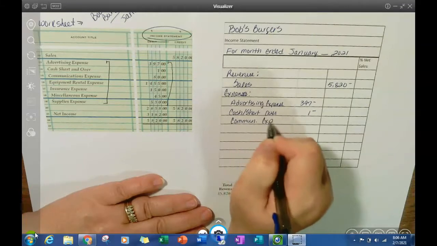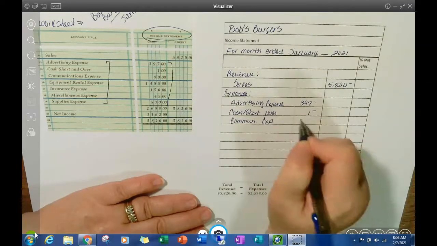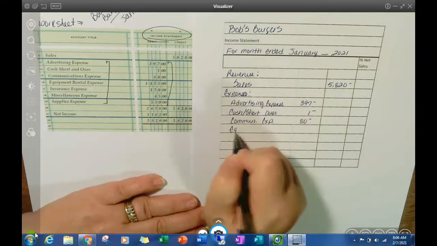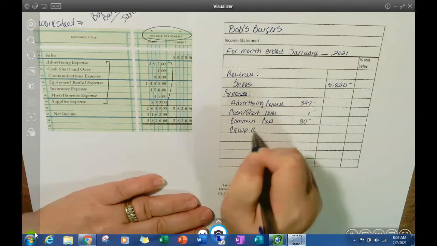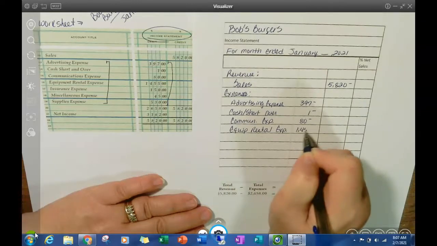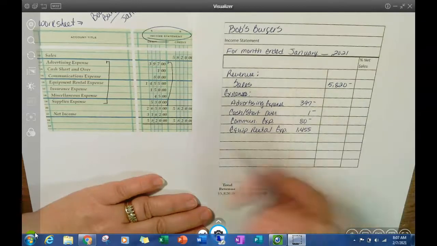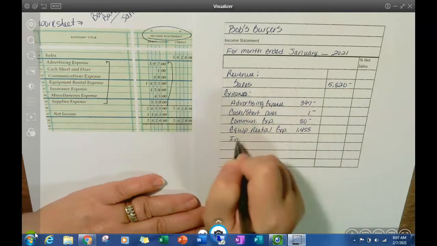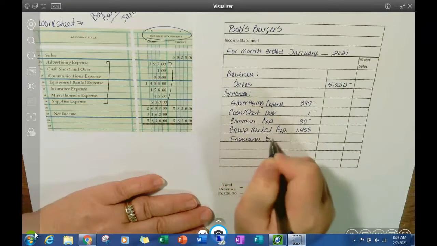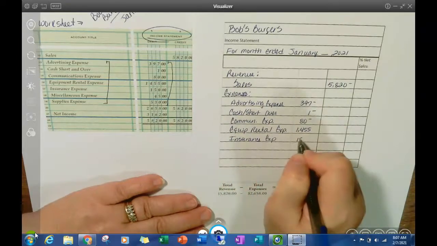Communication expense, $80. Equipment rental expense, $1,455. Insurance expense, $150.